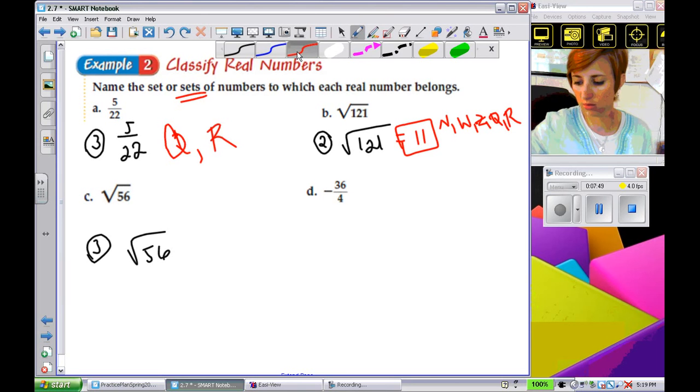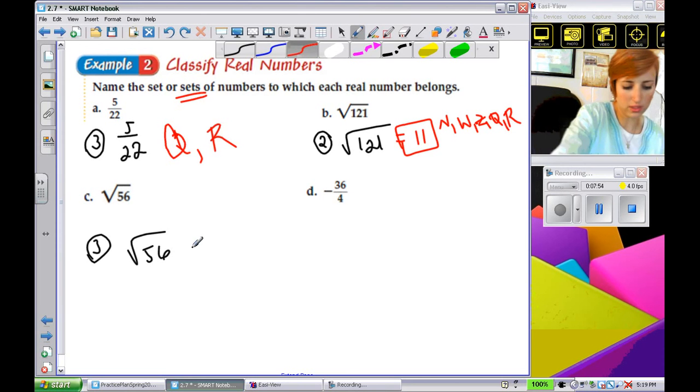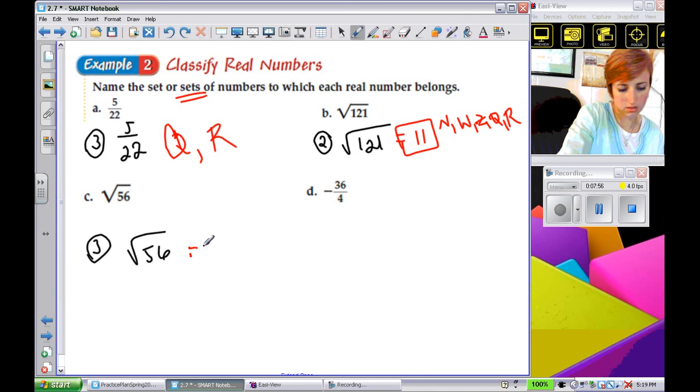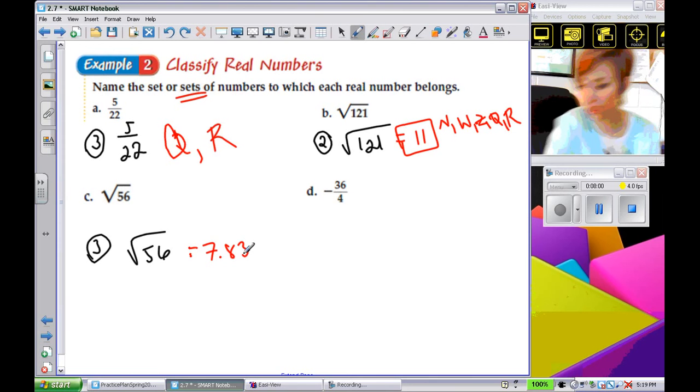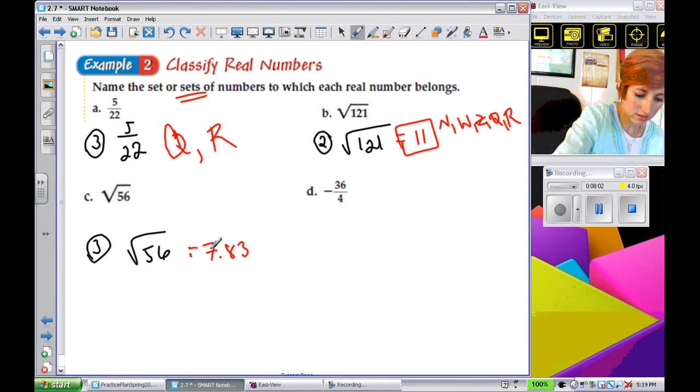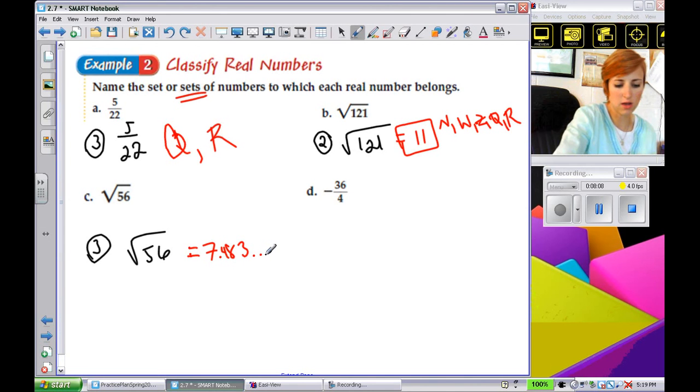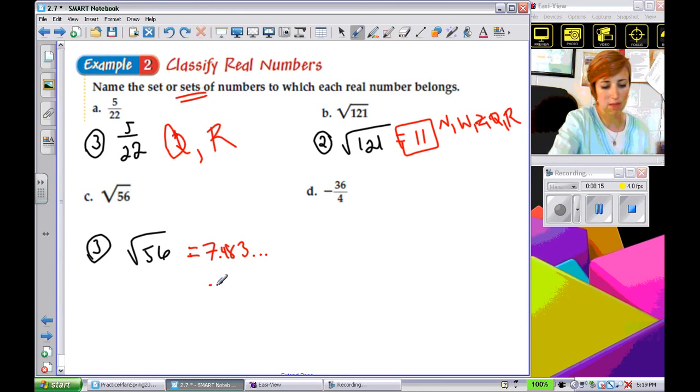Square root of 56 gives us 7.48333, and it keeps on going, and it doesn't have a pattern, it doesn't repeat, and it doesn't end. So that makes it irrational. And all of our numbers, once again, are real.